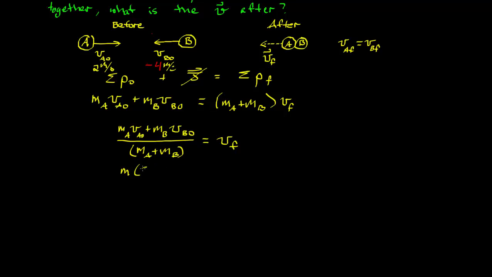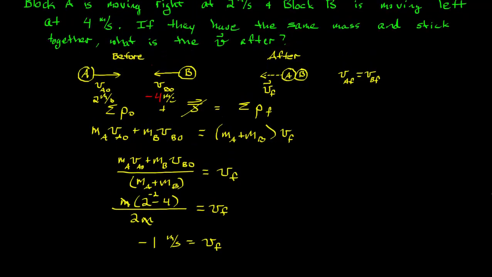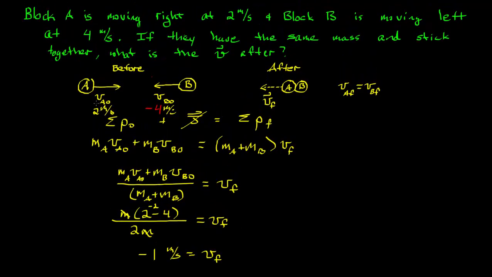So we get 2 minus 4 over, remember the masses are the same, so that's 2m, equals velocity final. So the m's cancel out. I get -2 on top divided by 2, which is -1 meter per second as my final velocity. If I did it all right. Yeah, 2 minus 4 is -2, divided by 2. Yeah, we're good. So yes, it is going to move this way at -1.